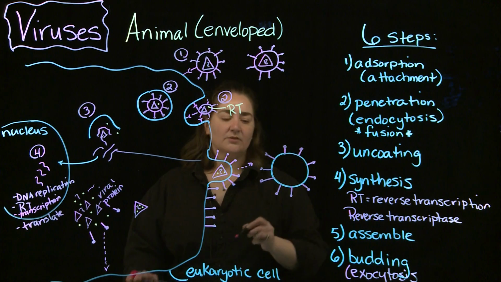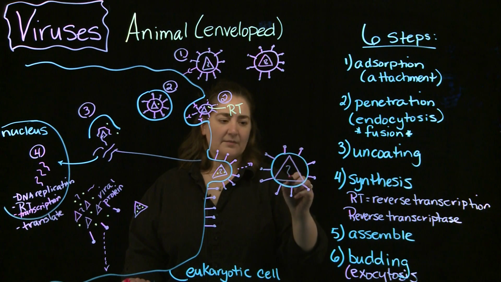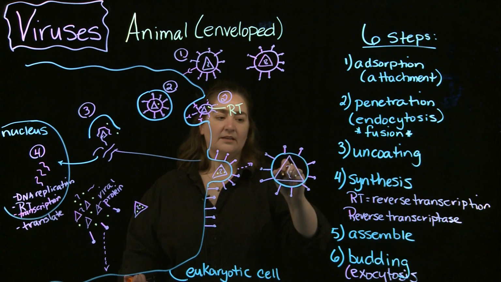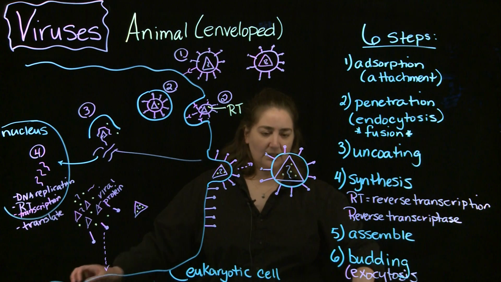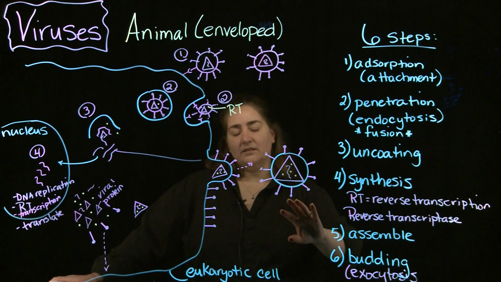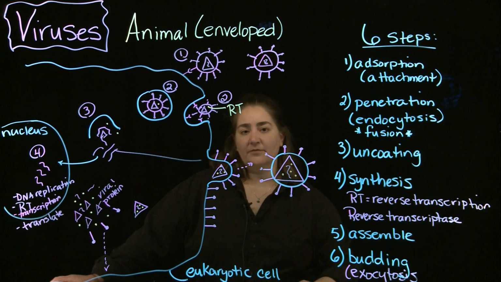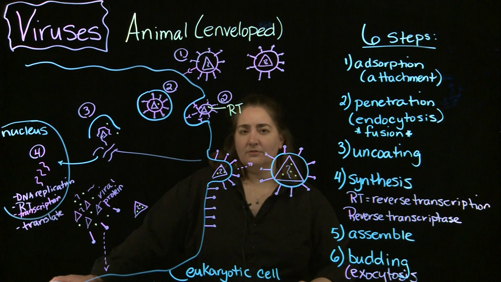And those spikes are going to be embedded in the outside. We've got our capsid. We've got our genetic material. We've got any other enzymes that have to go along with it. All right? So in terms of that viral particle then kind of just buds off of that eukaryotic cell. That can now go infect another cell.